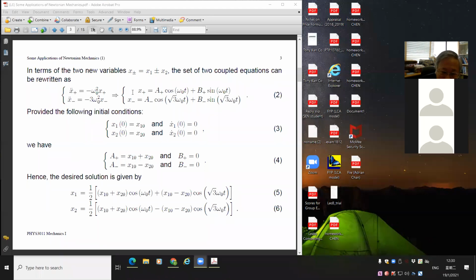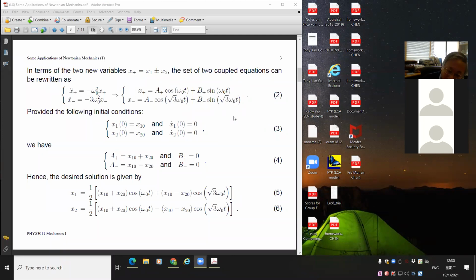The solution for equation 1 is x plus equal to a linear combination of cosine omega naught t and sine omega naught t. In the second equation, the solution must be a linear combination of cosine square root 3 omega naught t and sine square root 3 omega naught t.